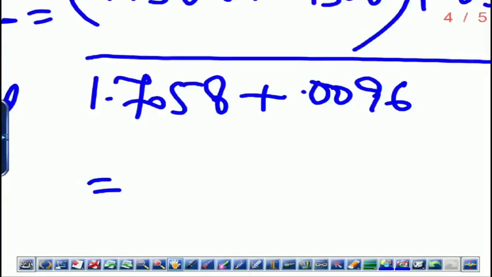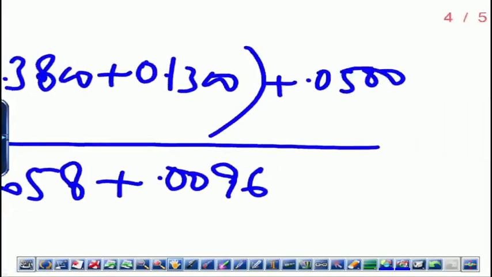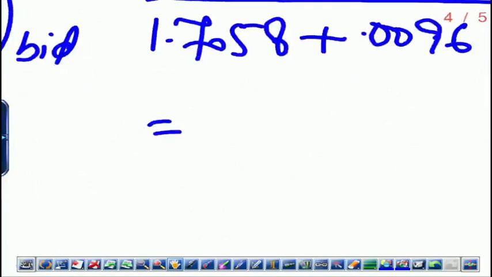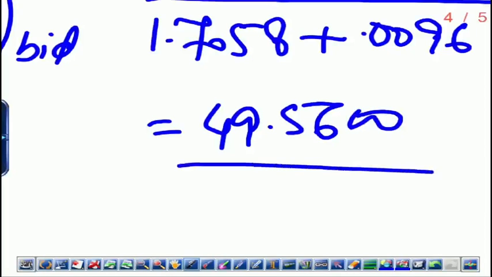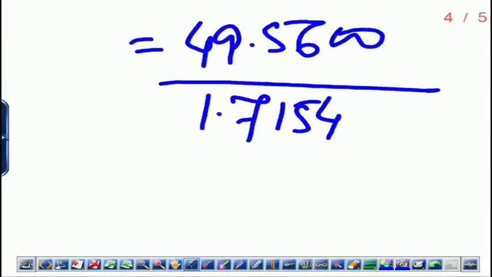What's the numerator? The numerator, which is 49.3800 plus 0.1300 plus 0.05, is coming to 49.5600. And the denominator is coming to 1.7154. So we divide that, and what do we get?